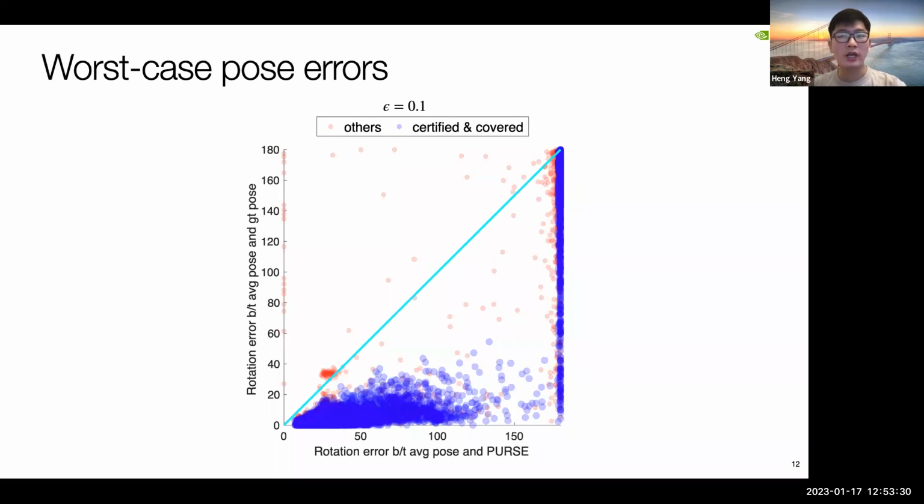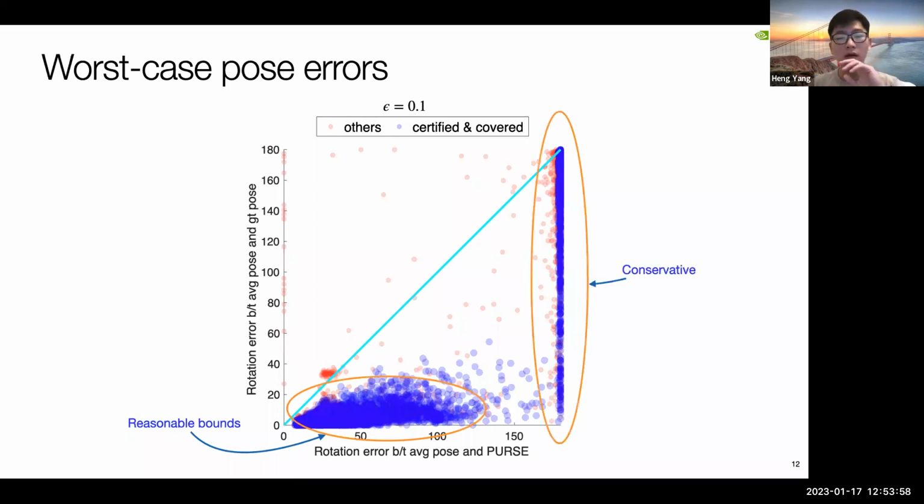But then the second thing we care about is how tight these bounds are. If you look at this cluster, which is the majority of the points, these actually give you reasonable bounds. I'm not saying that they're super tight, but they are reasonable. Some of these points have a real error of about 10 degrees, but I'm giving you a bound that is 20 degrees, or sometimes more conservative, like 50 degrees. Those are reasonable bounds.